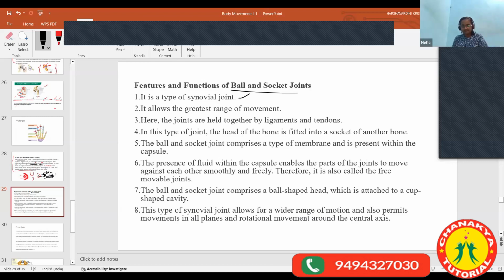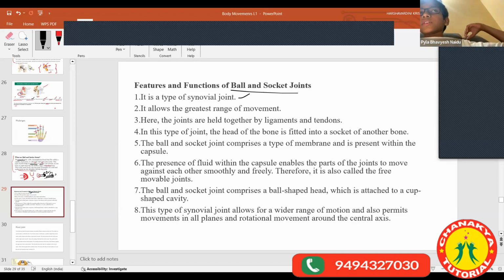Yes, ma'am, because the movement is not possible. As Neha told yesterday, it is connected to your vertebral column. Your neck joint is connected to the vertebral column, so obviously it cannot move fully backward, right? And the second point is what Bhavesh said, a logical answer: it is connected to the next part of your body, so you cannot move the full 360 degrees.